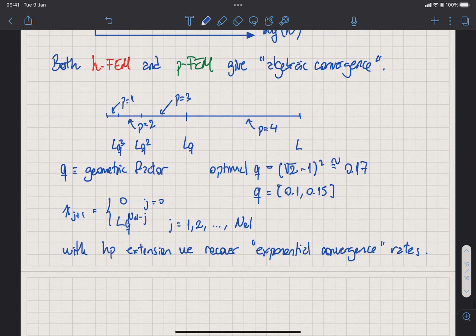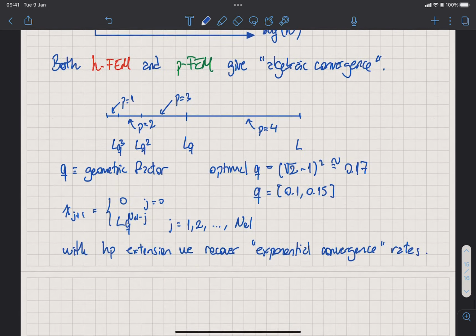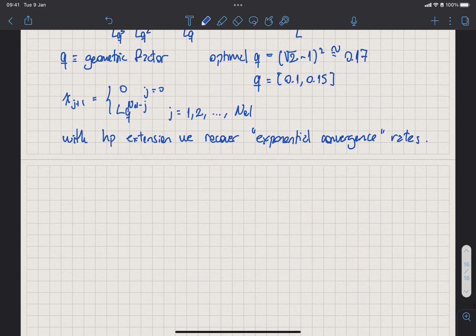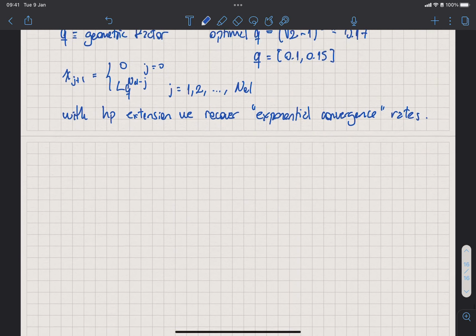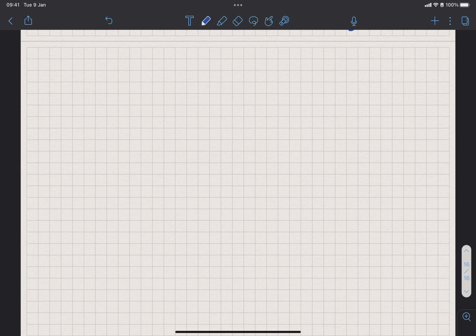Okay, so all of this has pushed researchers to classify the problems in 3 different categories based on how the solution actually behaves. So that is what we're going to do now. We're going to provide some initial classification. Actually, it's more involved than that, because in each one of these classifications you can have sub-classifications depending on how singular your solution is, as I discussed. But we're not going to get there. Again, that's out of the scope.